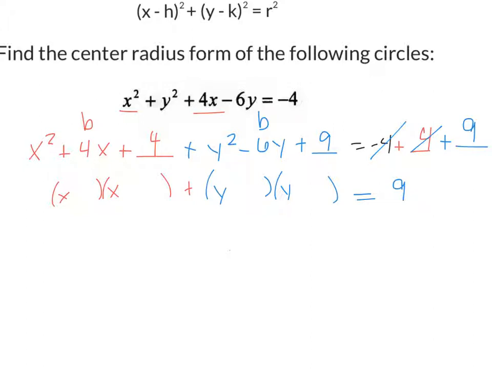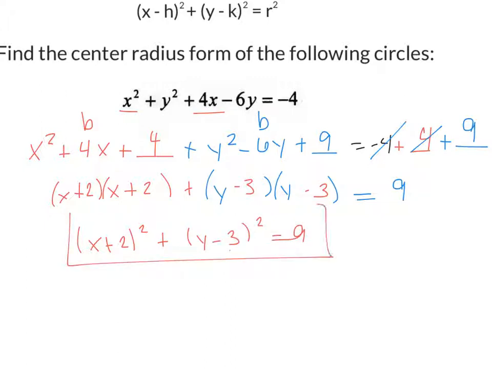So the factors of 4 that add to 4 would be a positive 2 and a positive 2, and the factors of 9 that add to a negative 6 would be a negative 3, negative 3. So I'm going to have x plus 2 squared plus y minus 3 squared equals 9. And that's my center radius form. Now this actually tells me my center is negative 2, positive 3, and it tells me my radius is equal to 3 because it's the square root of 9.